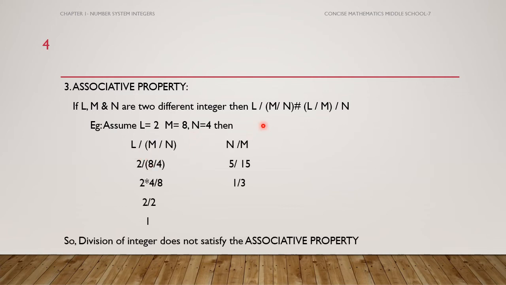See, even here I have taken the left hand side and right hand side and just substituted these values over here. Finally, the answer is 1 and on the right hand side it's 1 by 3. So, we can clearly say that the division of integers does not satisfy the associative property also.